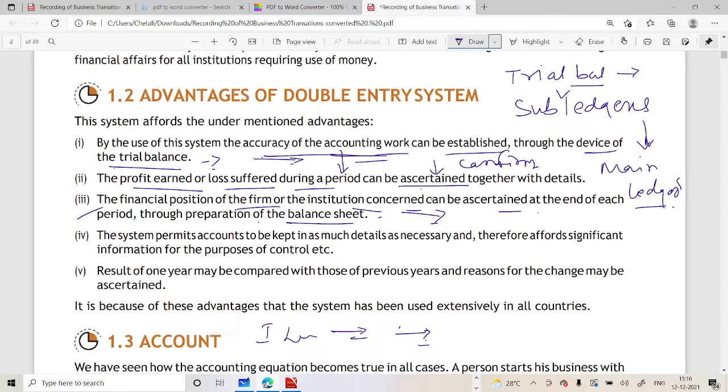Where you can see the liabilities, you can see the assets, and where you can see again your own equity or owner's equity. And why this is important: this will help you to maintain a balance between assets and liabilities. You can easily trace them.